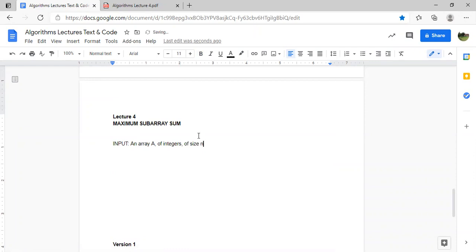So we're given the array and we are given its size, and the output. So this was the input. Okay, the output, and pay special attention to the format of the output because we're going to use this format throughout the algorithm. The output is a three tuple.